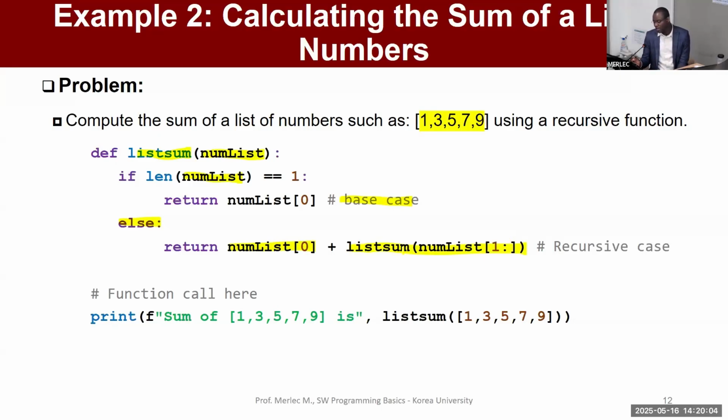That means I will call the function by sending the parameter of the next elements of the list again and again until I reach the last element of my list. So this is the function definition.